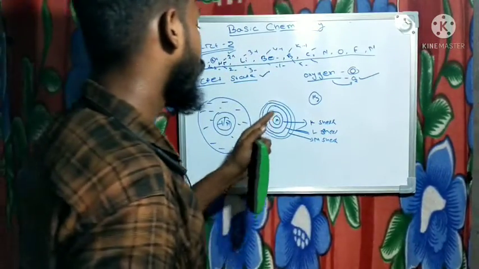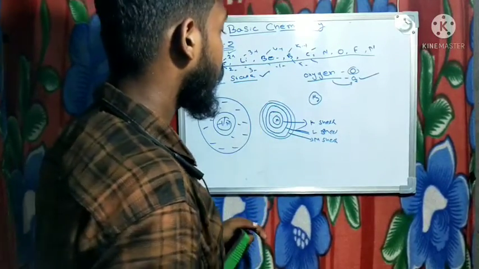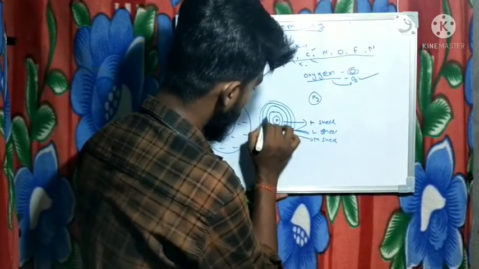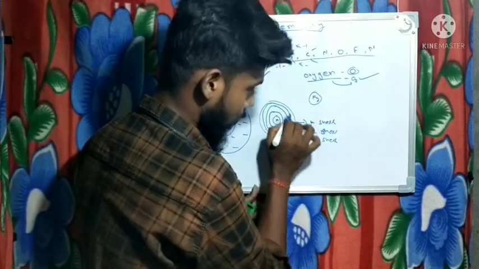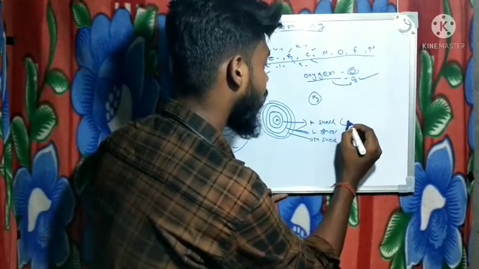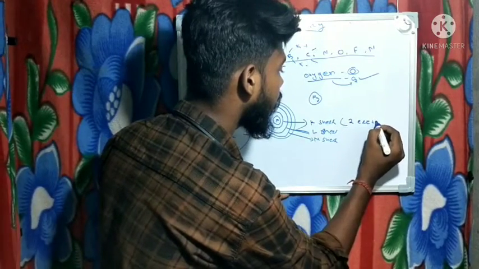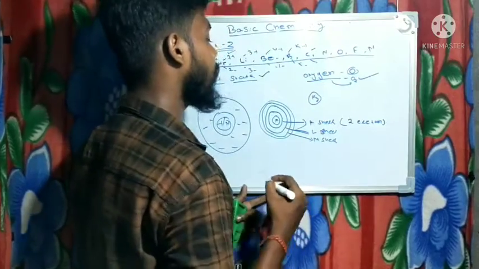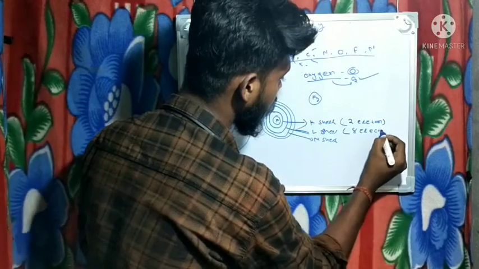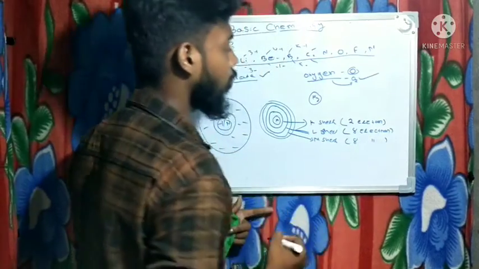These are the shells in which the electrons revolve around the nucleus. Electrons do not flow freely here; they always revolve through the shell. The K shell can contain at most 2 electrons. Remember, it can contain 2 electrons. The L shell can contain 8 electrons, and the M shell can also contain 8 electrons.